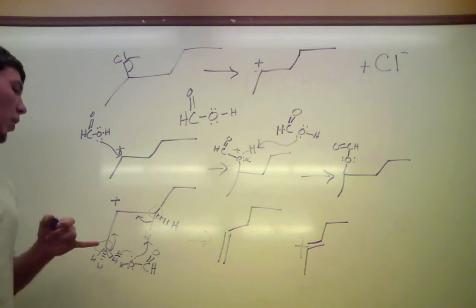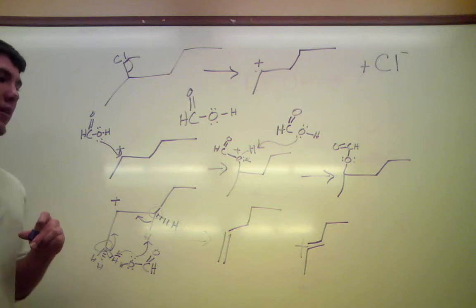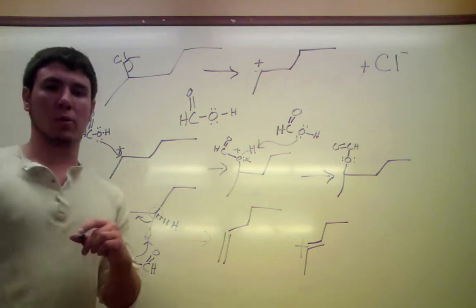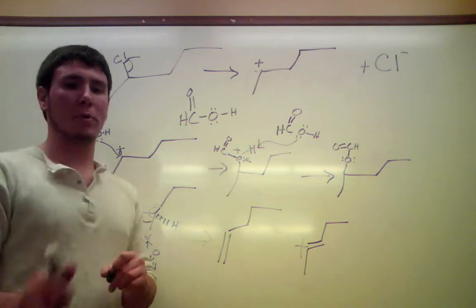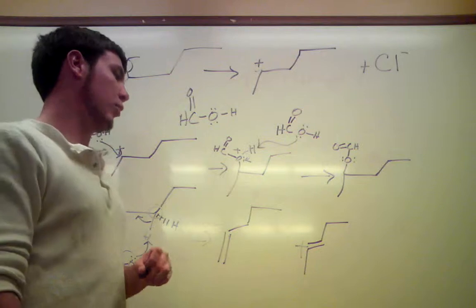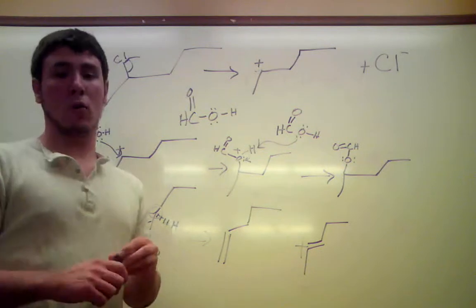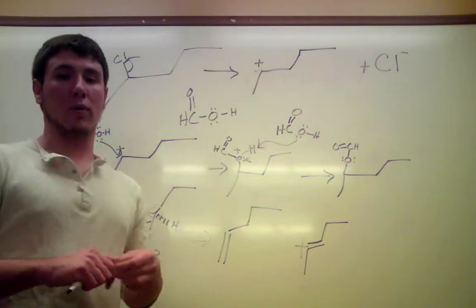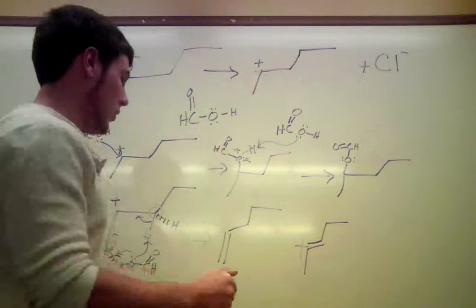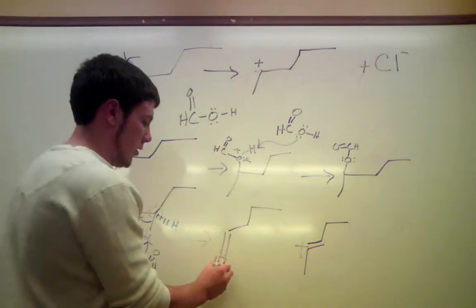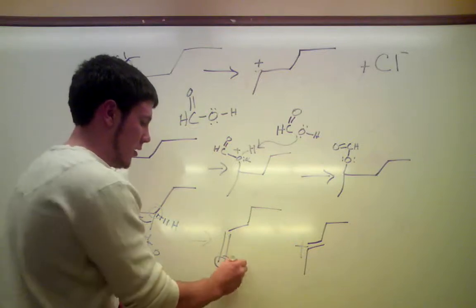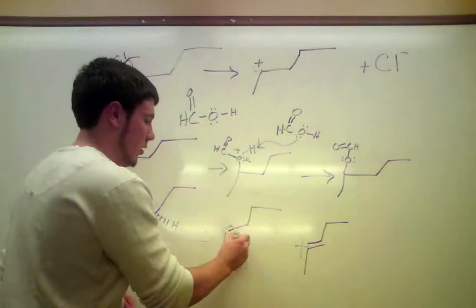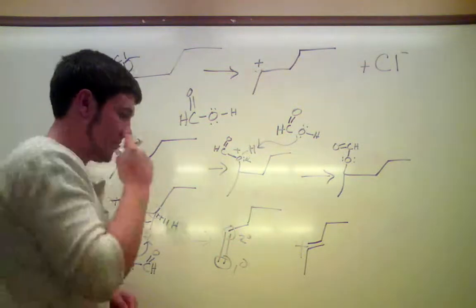Well, we know that according to Zaitsev's rule, the most stable alkene will be formed. And the most stable alkene is going to be the alkene that is formed between the two carbons that are the most substituted. So this carbon is a primary, and this carbon is a secondary.